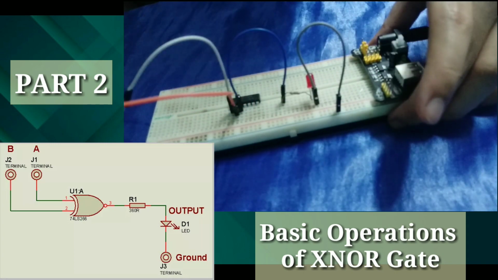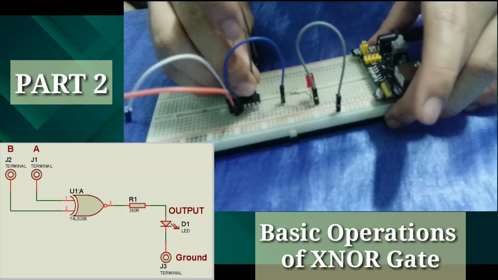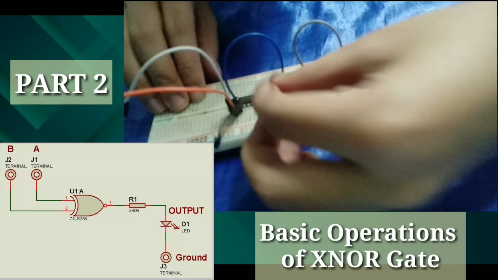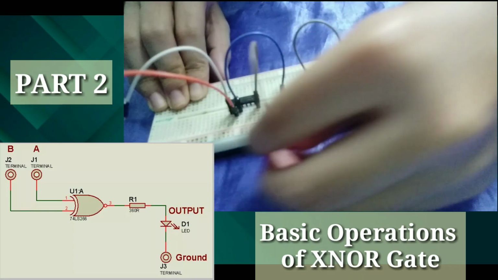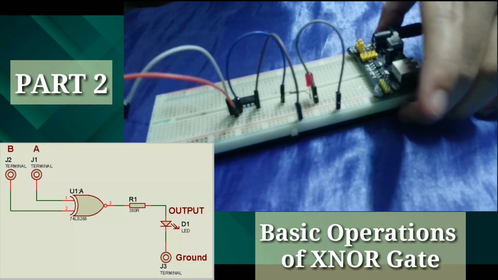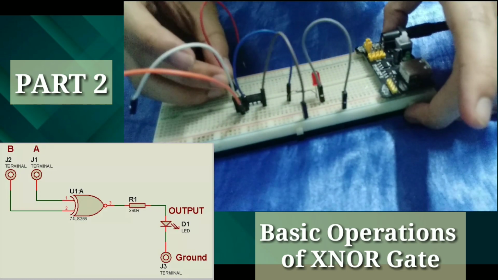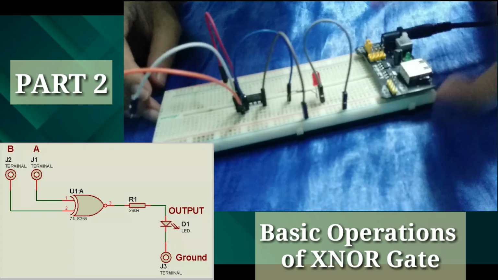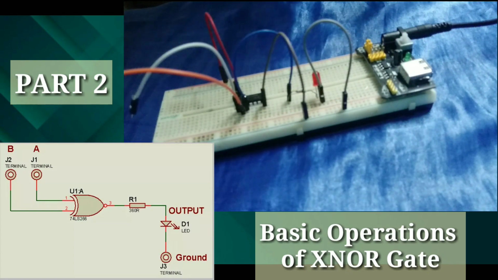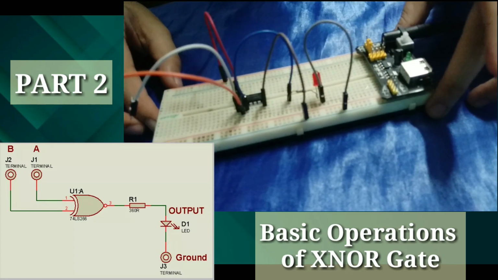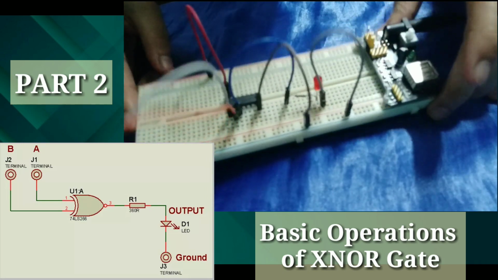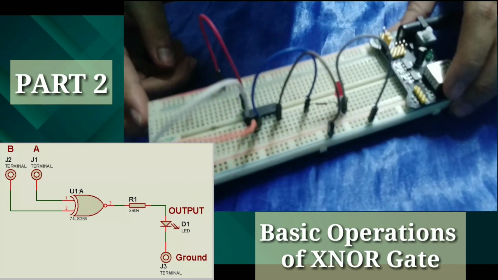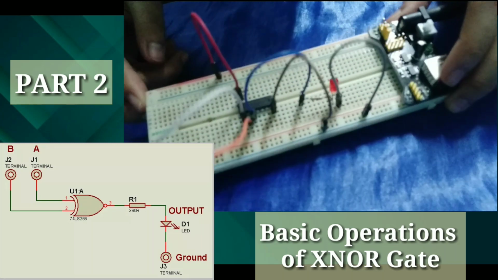And after that, don't forget the grounding of our integrated circuit, because it is really essential that we ground all of our components. And don't forget the connection of the voltage supply to let the LED turn on. Now for part 2, XNOR, this will be our circuit connection.